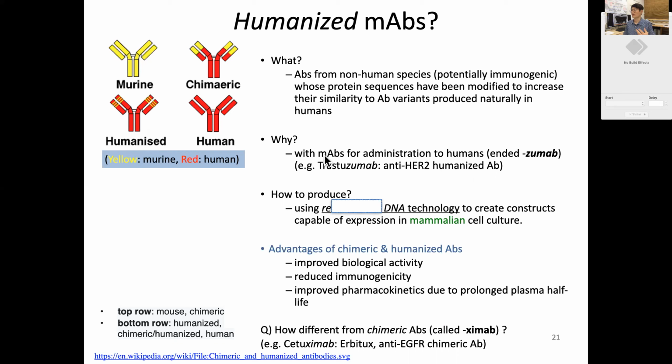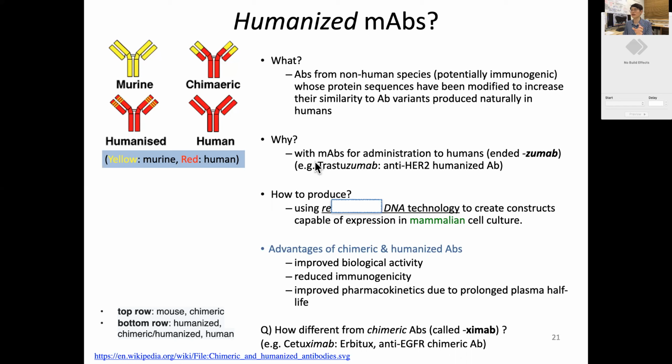So a monoclonal antibody to administer to humans for clinical use, we call it a zumab. So remember, I just discussed trastuzumab as Herceptin, the anti-HER2 humanized antibody, and now you see zumab.